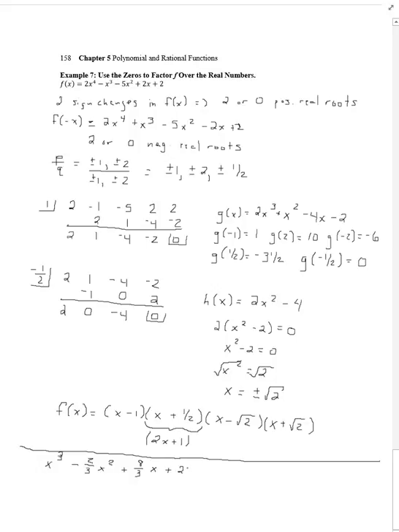And we wanted to factor that using the rational roots theorem. Well, the rational roots theorem says that all the coefficients, so the numbers in front of all the variables, have to be integers, meaning we can't have fractions. So in this case, we need to get rid of the fractions.